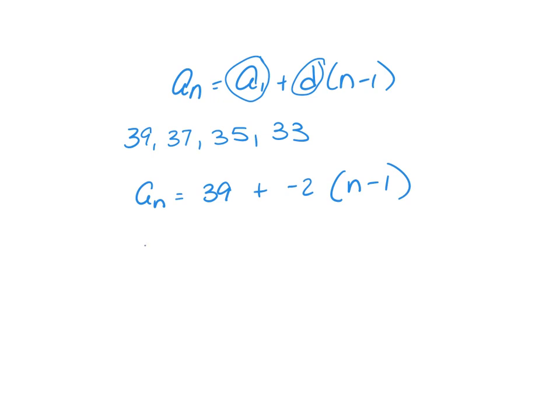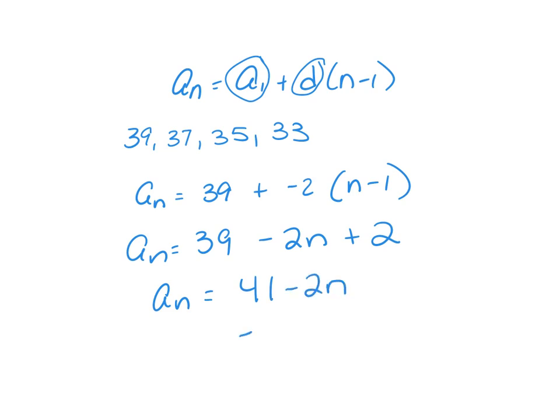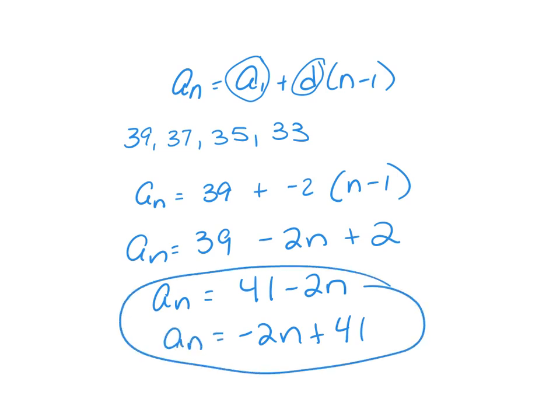Now the cleanup, we have AN equals 39 minus 2n plus 2, because I multiplied -2 by n and -1. Everybody understand that? And the explicit formula is going to be AN equals 41 minus 2n, or -2n plus 41. I'll take either one. So that's explicit.